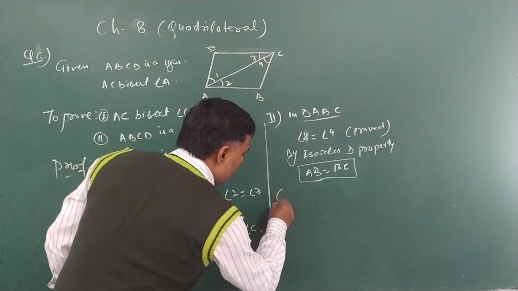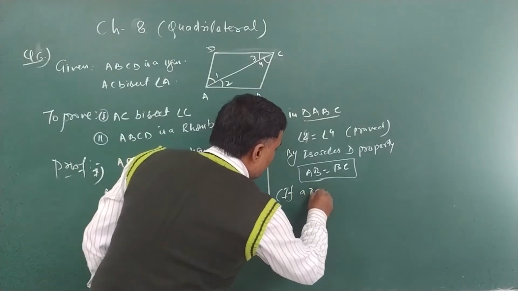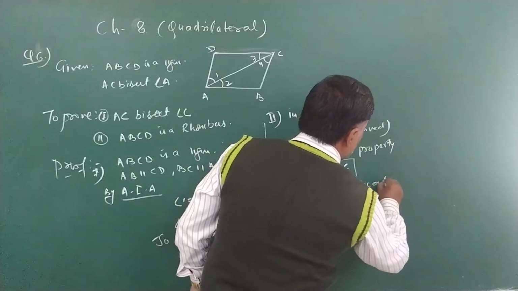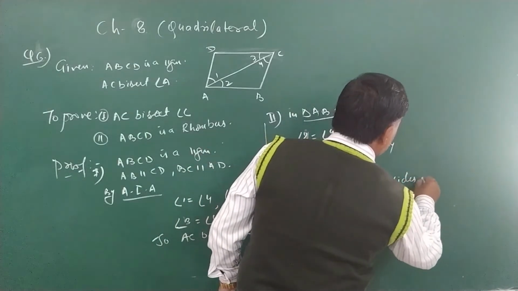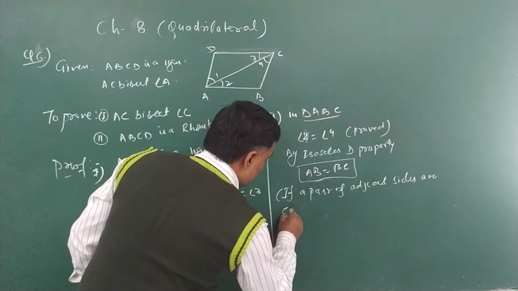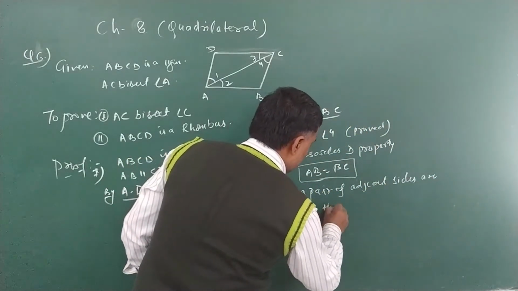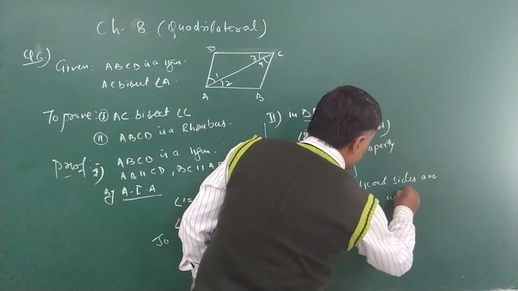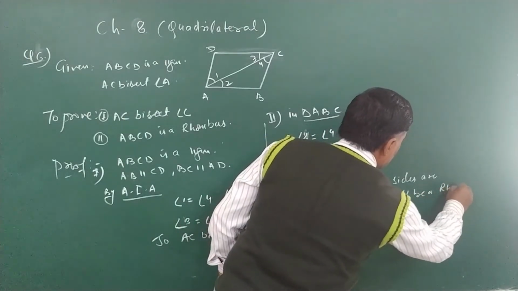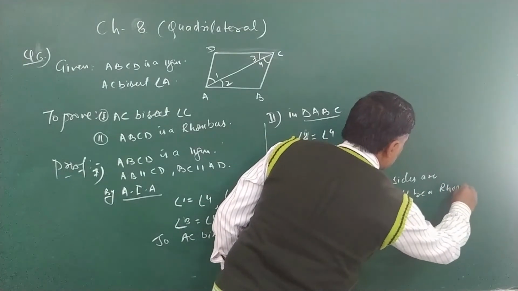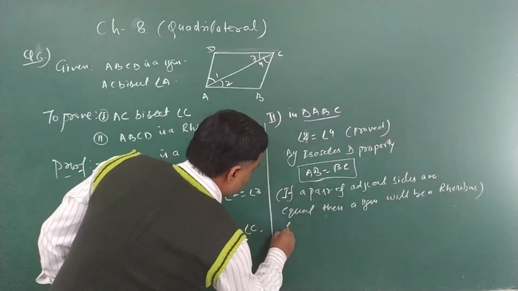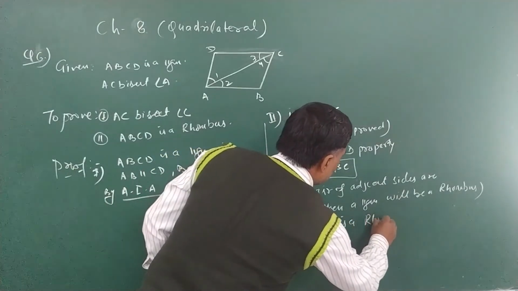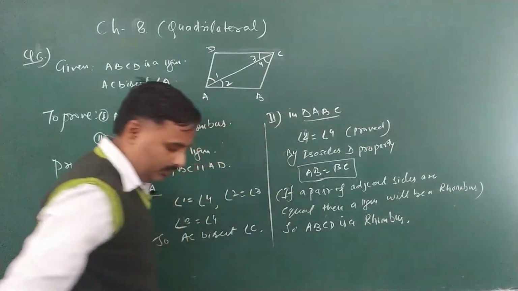So we can say if a pair of adjacent sides are equal, then a parallelogram will be a rhombus. So ABCD is a rhombus. So this is your question number 6.